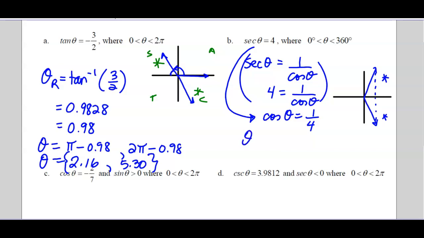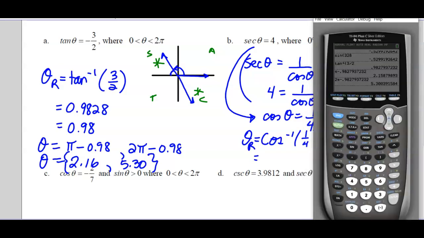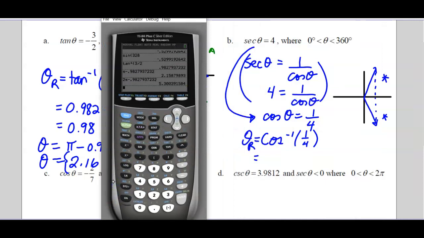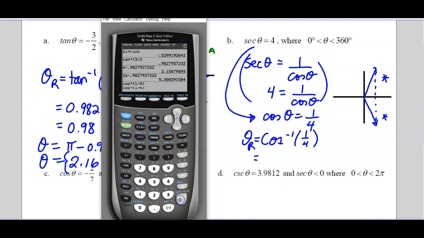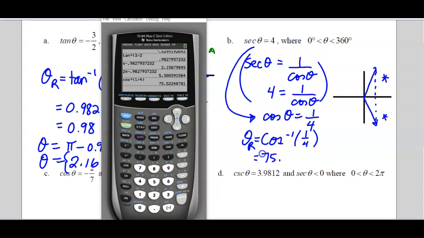So theta reference equals cos inverse 1 over 4. This is degrees. Did I change it? Gotta change it back to degrees. And then second cos, 1 divided by 4. Okay, 75.52. It does say round to the nearest whole degree.